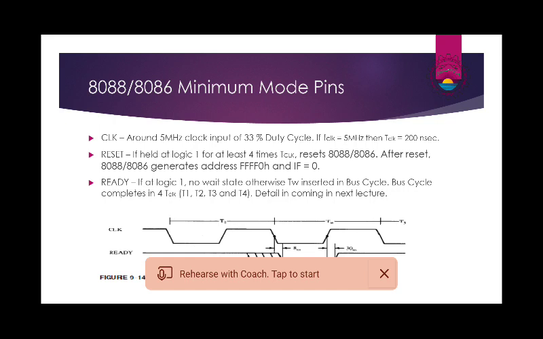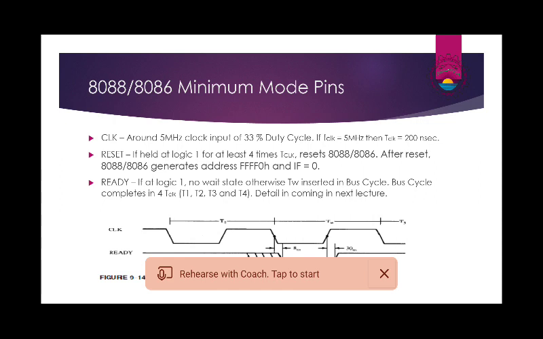If you are applying a 5 MHz clock at the clock input, then T clock is 200 nanoseconds. So that means to reset microprocessor 8088 or 8086, at the reset input you should have logic 1 for at least 4 times 200 nanoseconds, that means 800 nanoseconds.